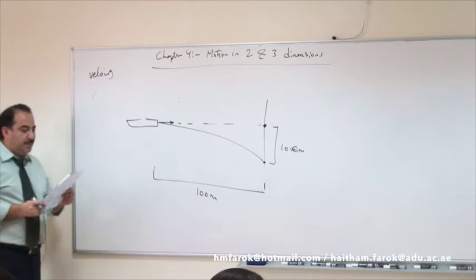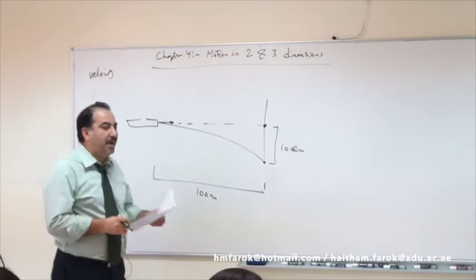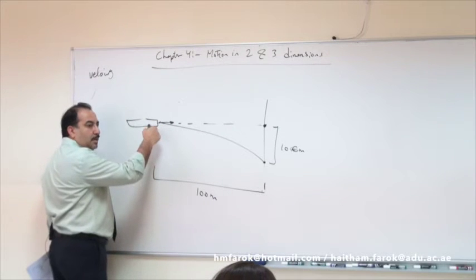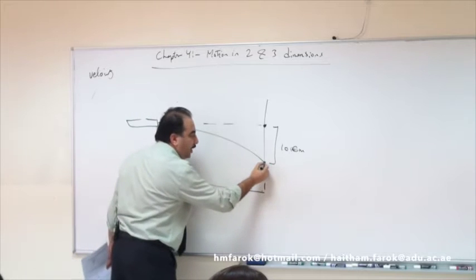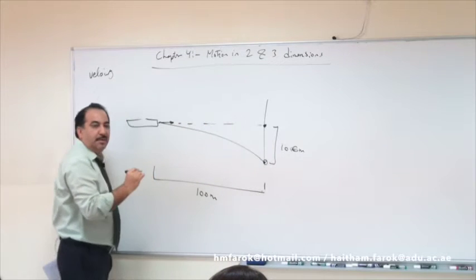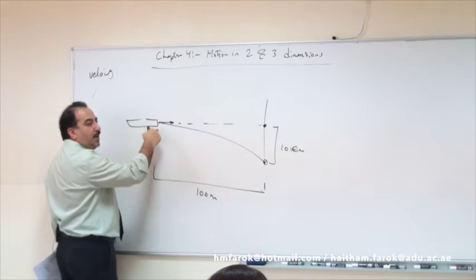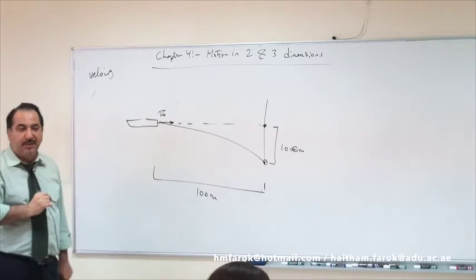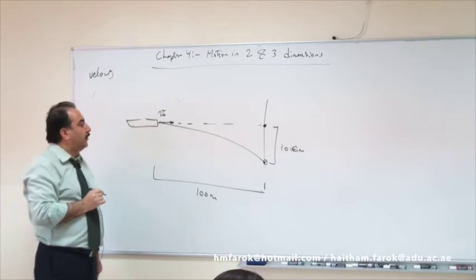So we want the velocity as it emerges from the rifle. Which velocity is this? This is initial, and here you have final. Initial here, firing, yeah? Initial is V naught. We need V naught, yeah? All right.